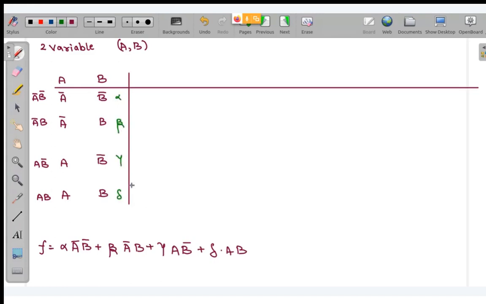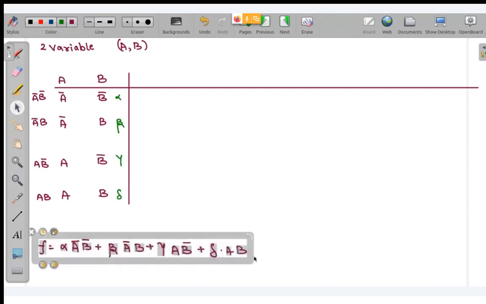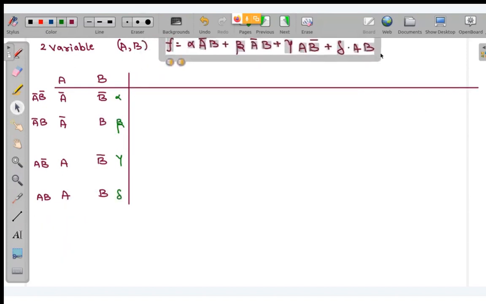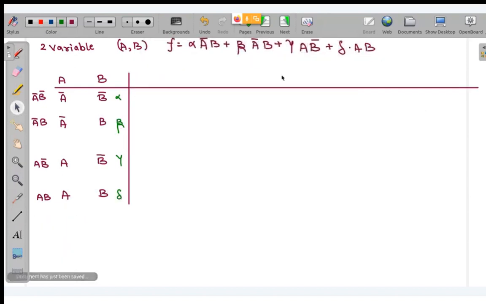Now, how many combinations of alpha, beta, gamma, delta will be present? 16. Very good. It will be 16. So how will it be? It will be 0, 0.